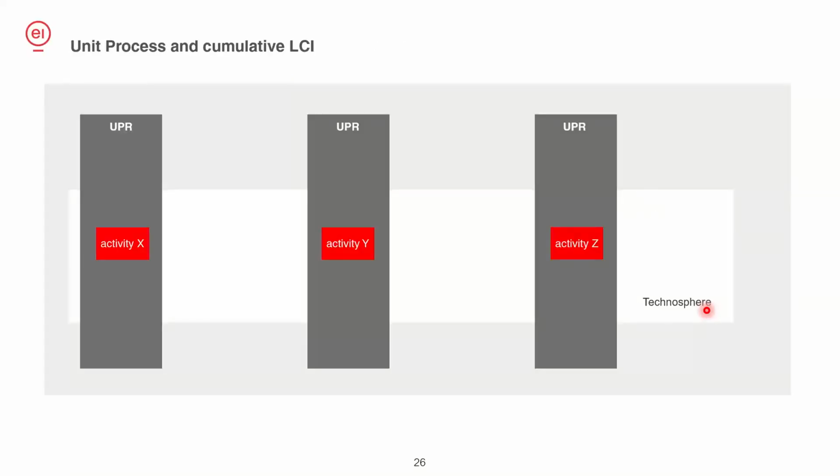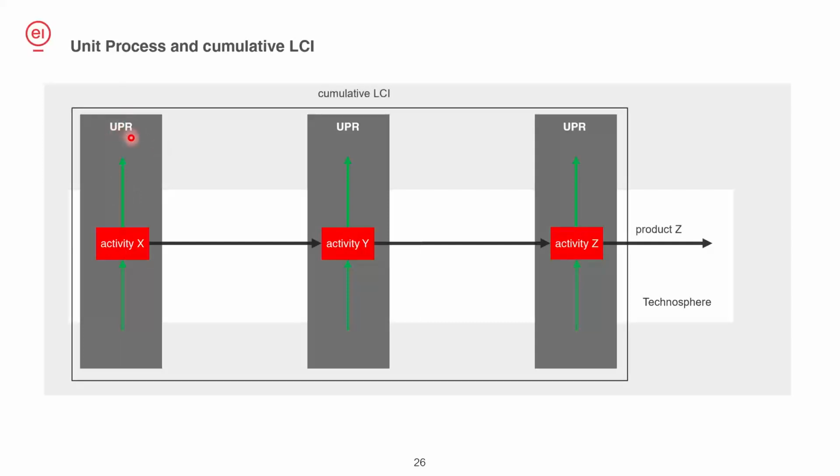If we try to see in a schematic way the difference between unit process and cumulative LCI, then let's see here the 3 activities: activity X, activity Y, and activity Z. Each activity with its inputs and outputs to technosphere and to the environment consists a unit process.